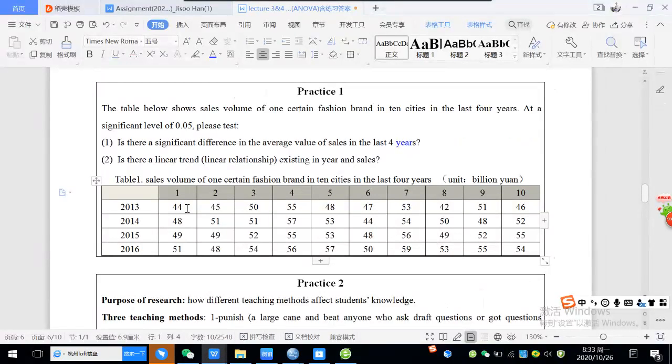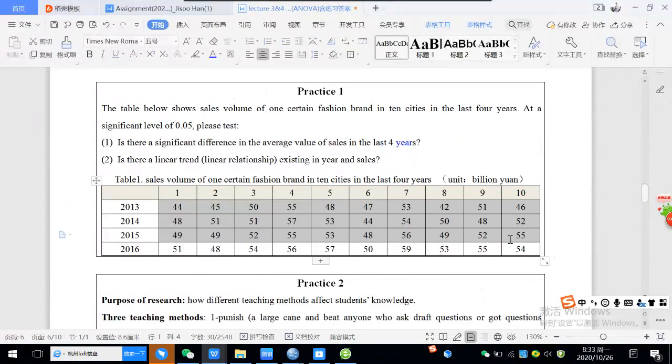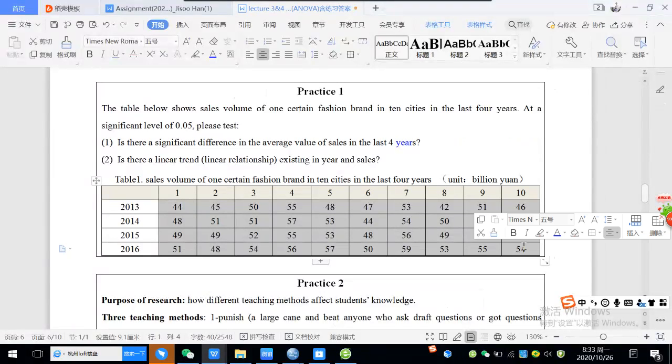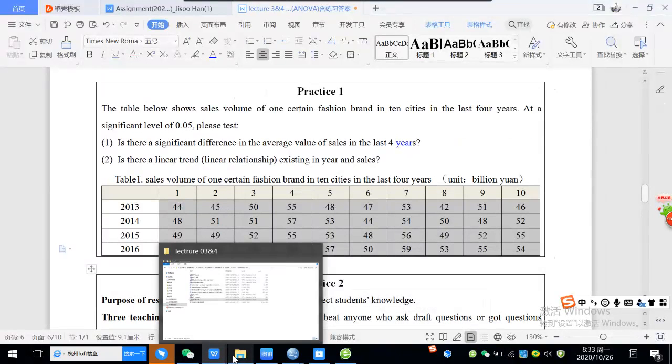And then the third variable is the sales volume. So look here. If year is 2013, city is 1, and then the value is 44, right? And if the year is 2013 and the city is 2, the volume is 45. Okay, you record all these data.